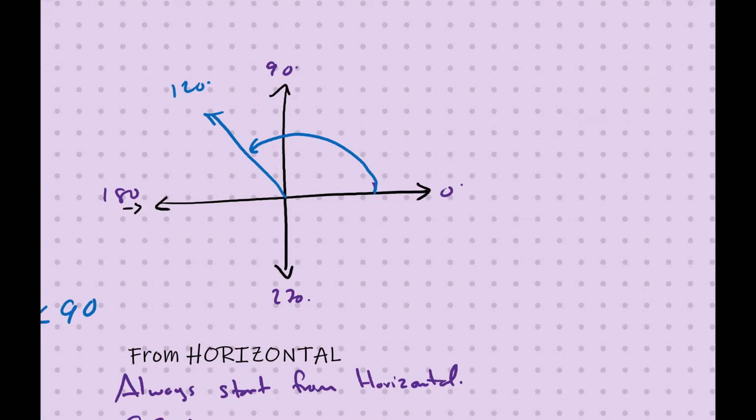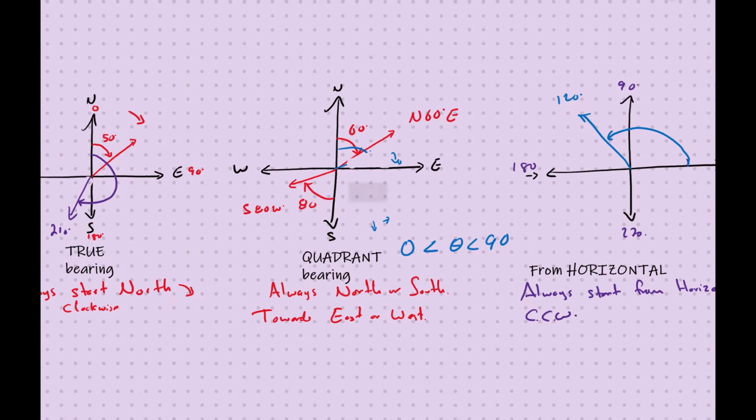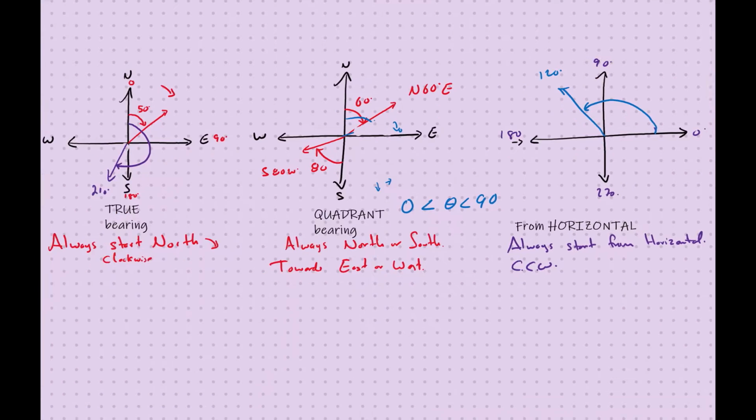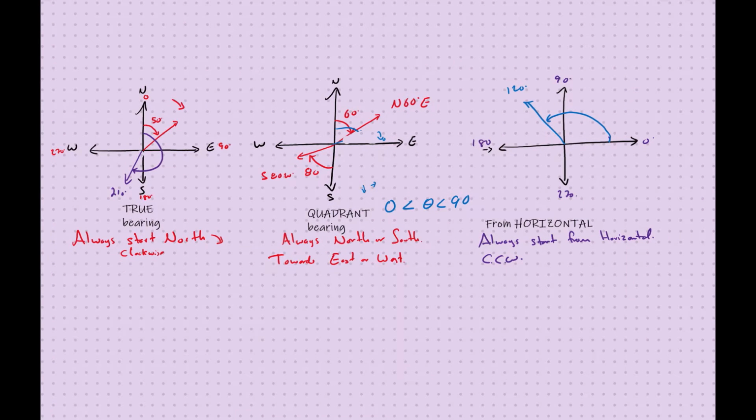And so those are the three directions we have when we talk about vectors: true bearing, quadrant bearing, or horizontal. One more thing.